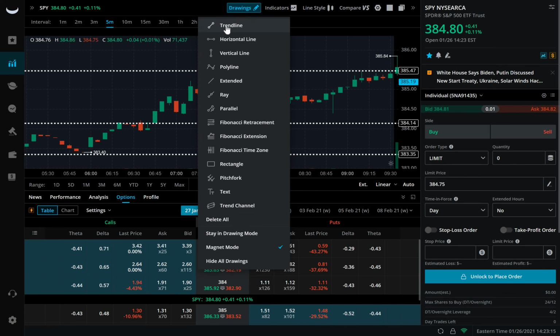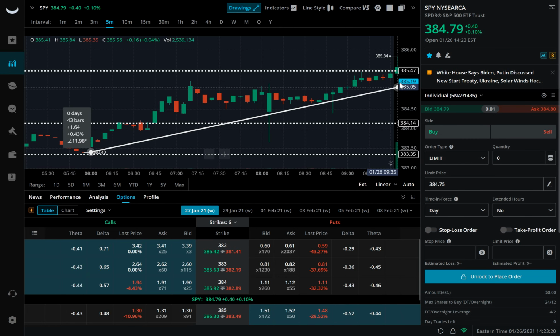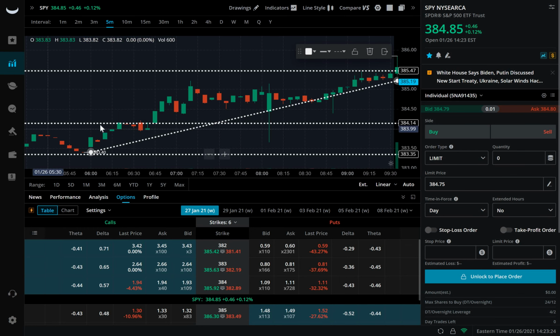So we will get our trend line tool and we will go to the low and we will draw a trend line that shows us we're in an uptrend. And we will look for a signal of entry on the 1-minute chart.